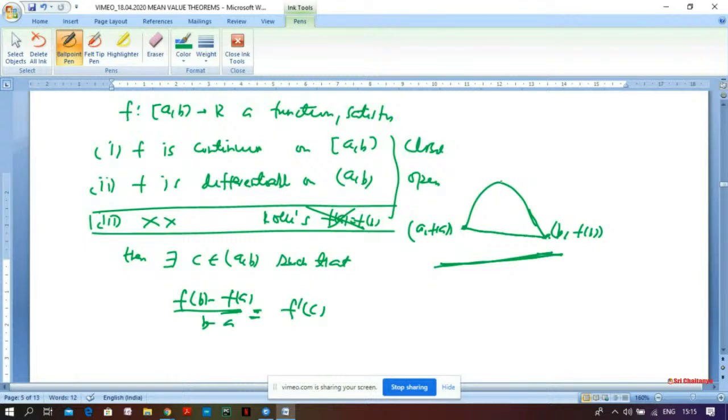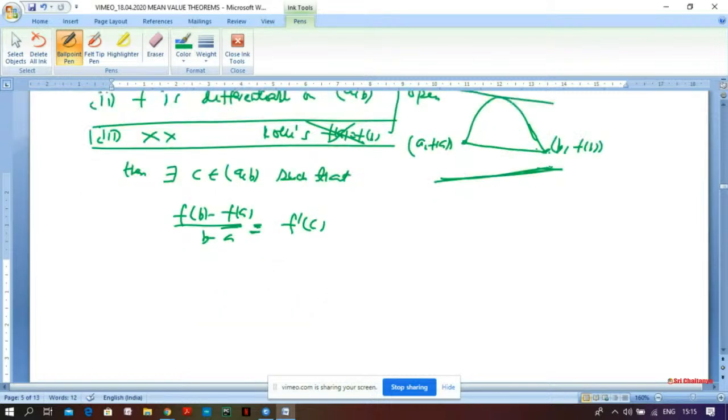There is a point c on the graph of f, where the curve is continuous and differentiable except at endpoints, such that the tangent at c is parallel to chord AB. Geometrically, the slope of the tangent at some point along the curve must equal the slope of chord or secant AB. That's the geometrical meaning.